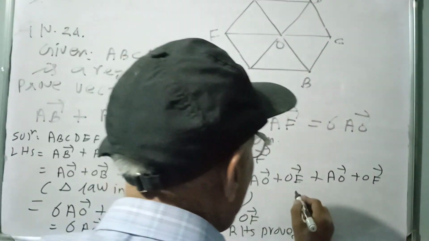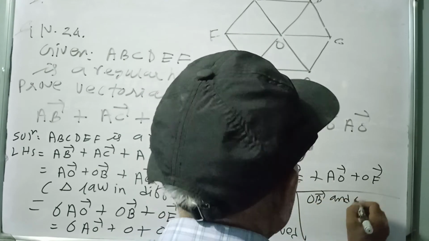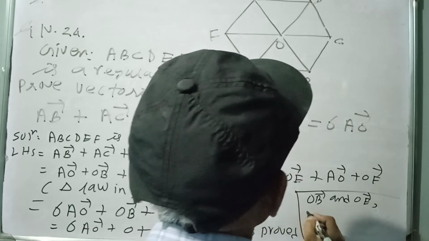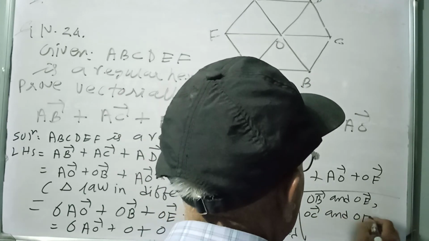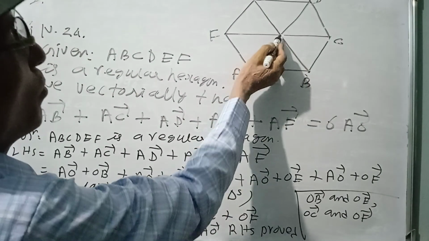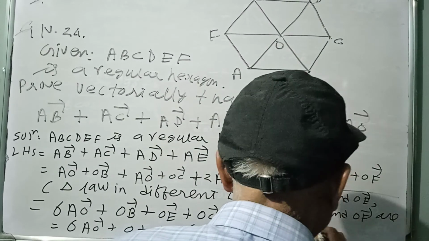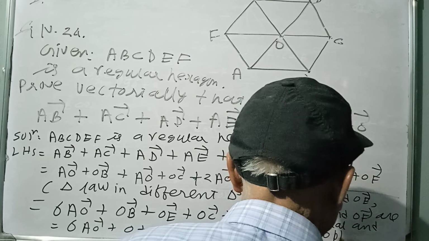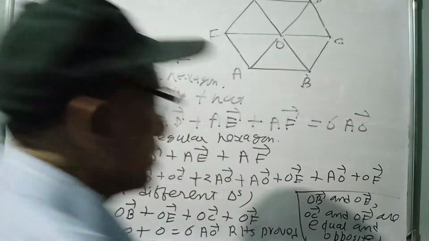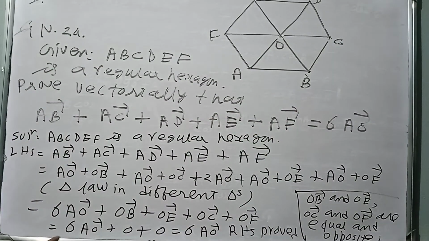You have to write the reason: vector OB and vector OE, the same way OC and OF, are equal and opposite. Equal in value but opposite in sign. So they cancel. So 6AO, RHS proved.